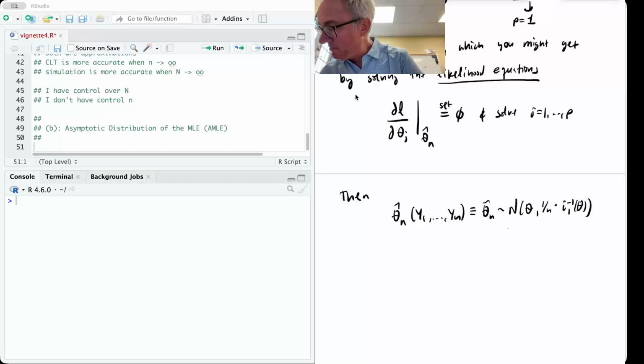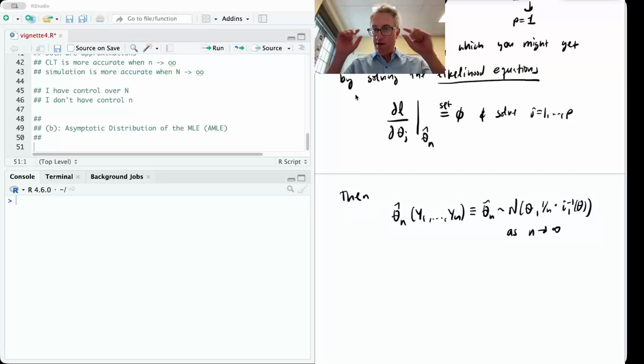This is an asymptotic result, so this only happens as n goes to infinity. We're in the asymptotic chapter.